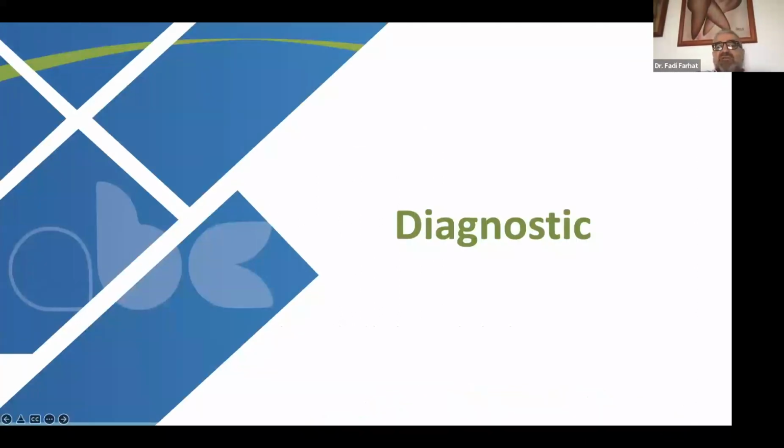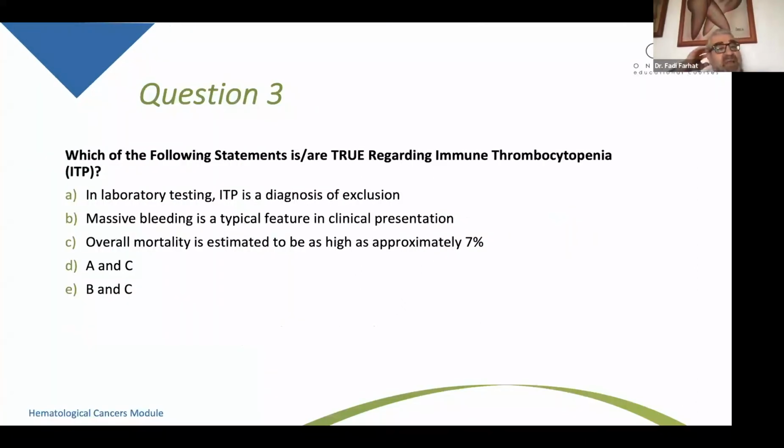So now for diagnostic, it will be amazing here. Which of the following statements is or are true regarding immune thrombocytopenia, ITP? In laboratory testing, ITP is a diagnosis of exclusion. Massive bleeding is a typical feature in clinical presentation, so we have to get bleeding for any diagnosis. Overall mortality is estimated to be as high as 7%.